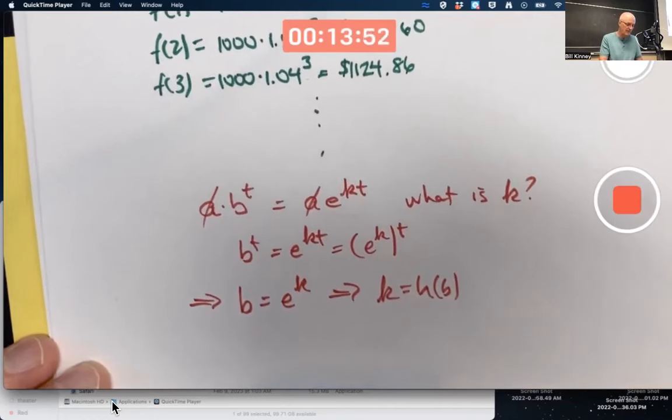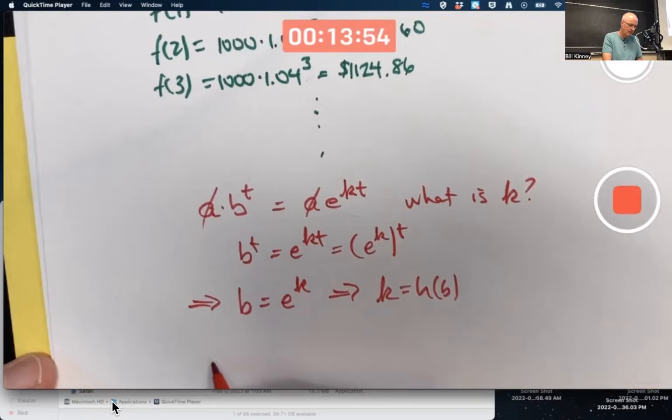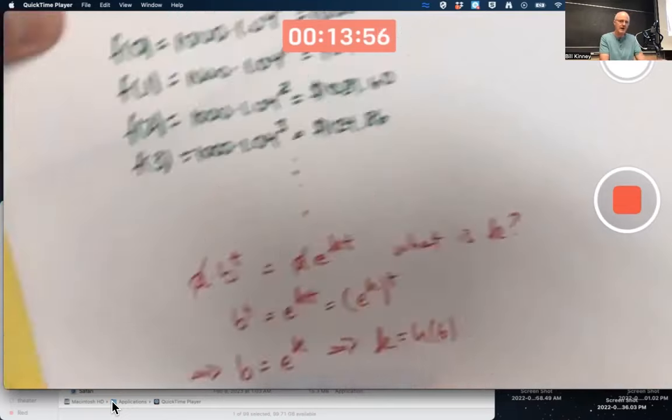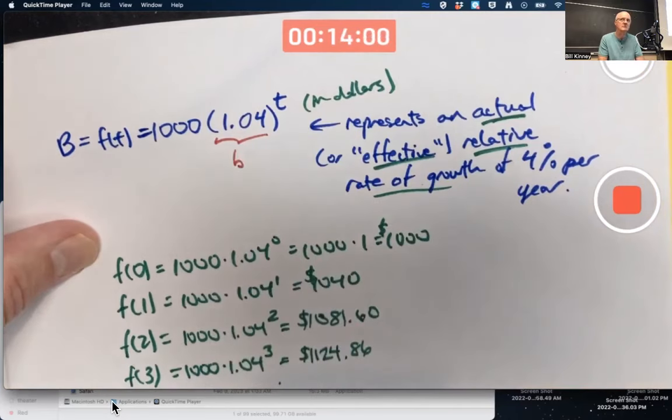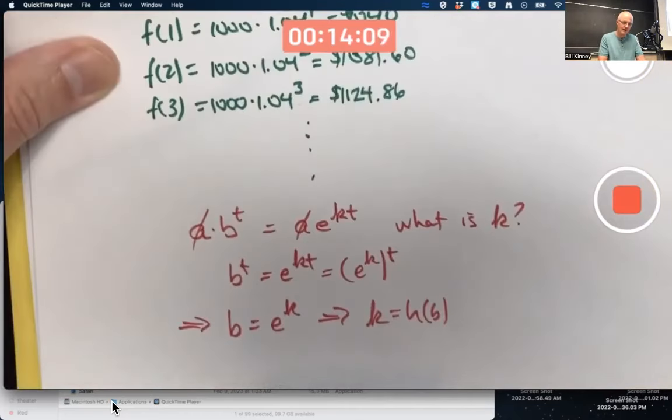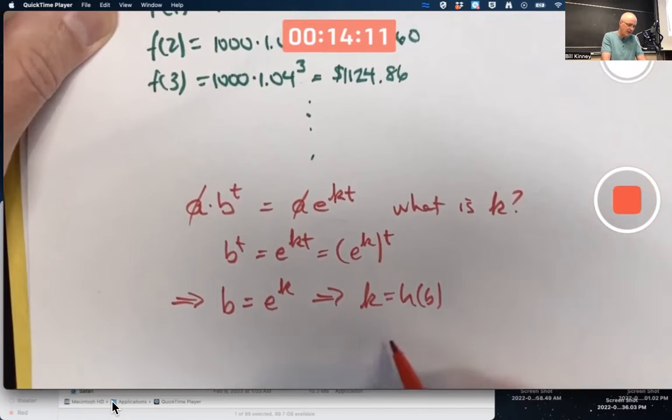So for our problem, going back up here, the b was the 1.04. Again, in the book's notation, they called that a. Don't worry about the notation. It's the idea that's important. So for our problem, this is natural log of 1.04.